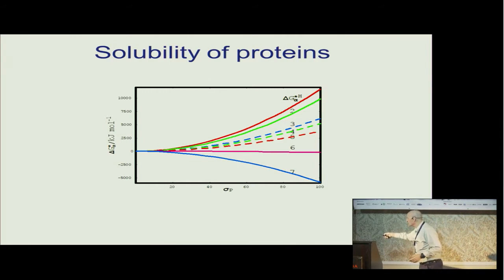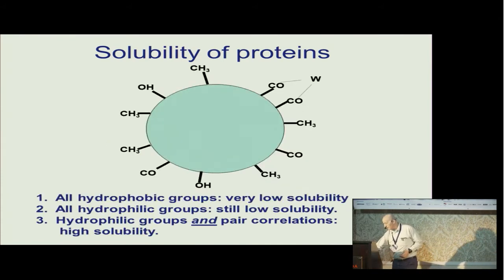This is number 2 here. Now, if you put all the hydrophilic groups at random distribution, you improve. Delta G goes down, which means the solubility will go up. However, you will not get the large solubility of the protein.